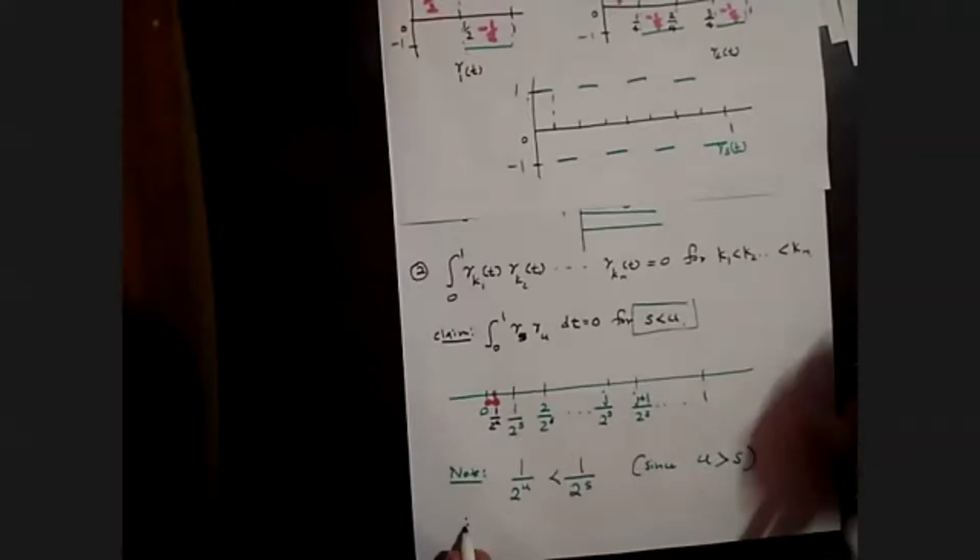So in each interval there are 2 raised to the power of u minus s intervals with length 1 over 2 to the u.